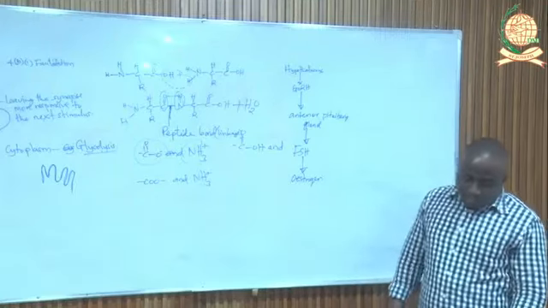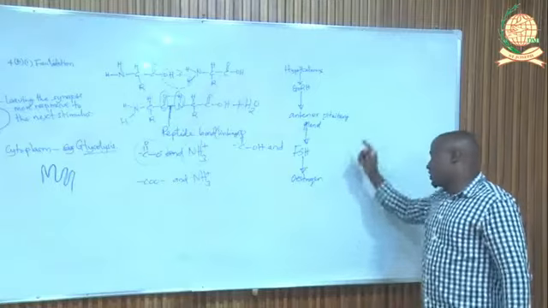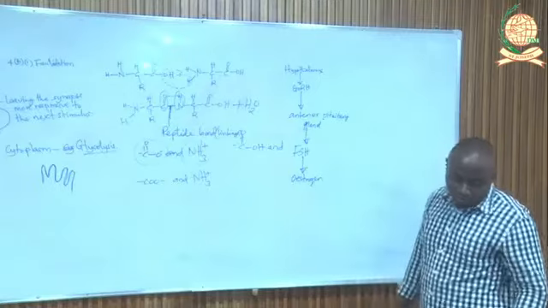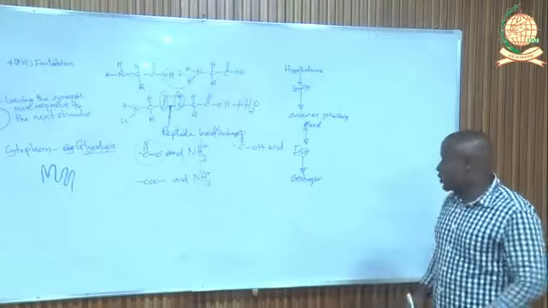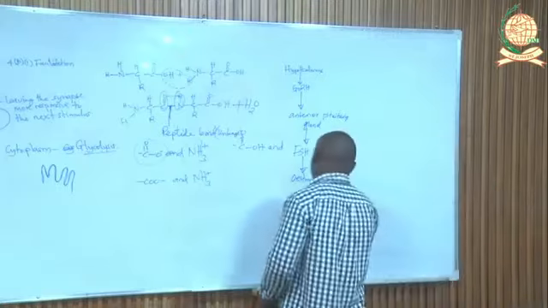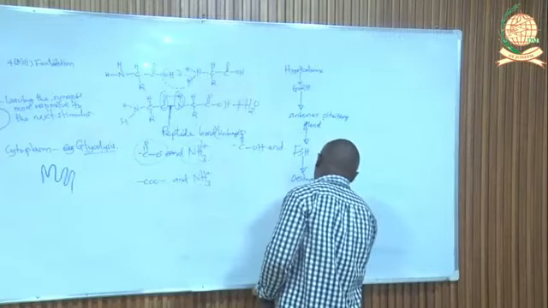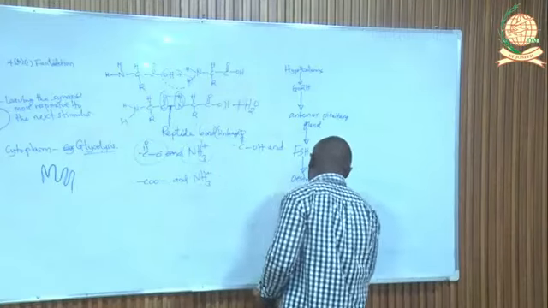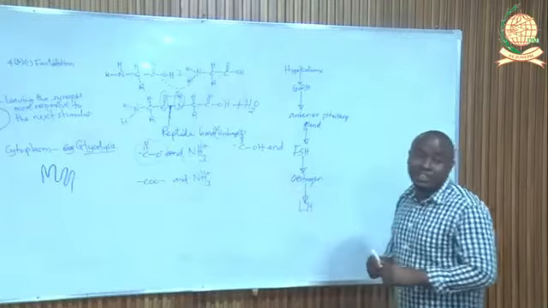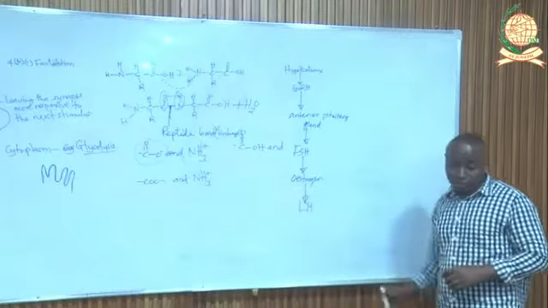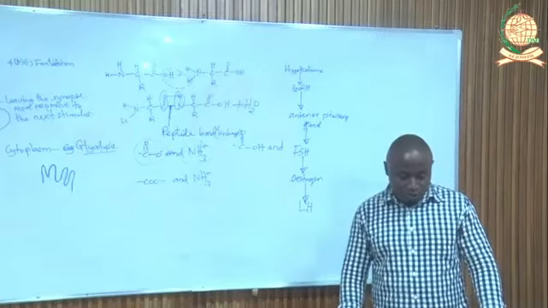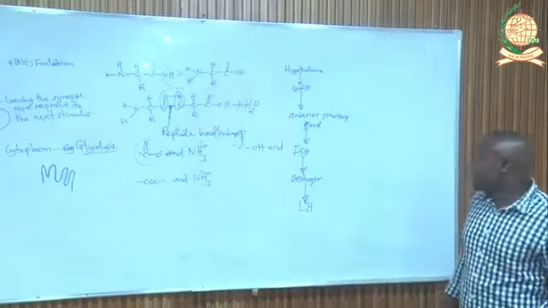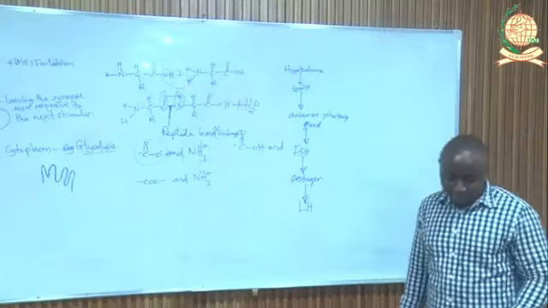At the midpoint, when there is a high level of oestrogen, it triggers the secretion of luteinizing hormone from the anterior pituitary gland.